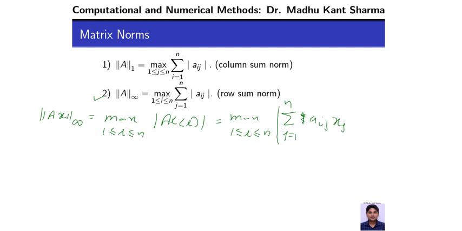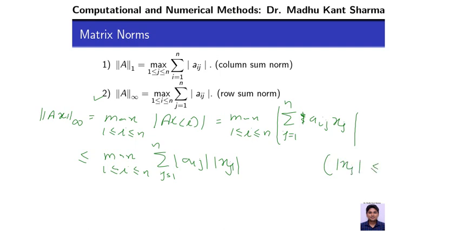Now I use the triangle inequality. So this is less than or equal to the maximum of summation j equals 1 to n of mod of Aij times mod xj. Now note that mod of xj certainly will be less than or equal to norm x infinity.